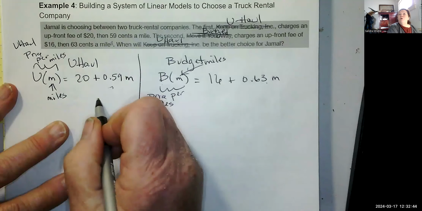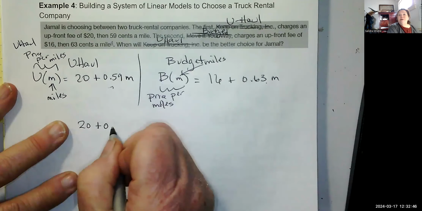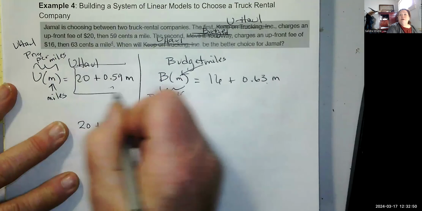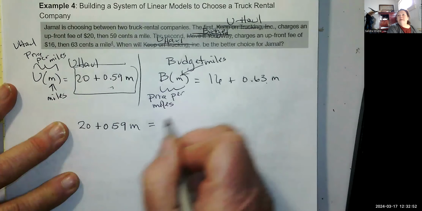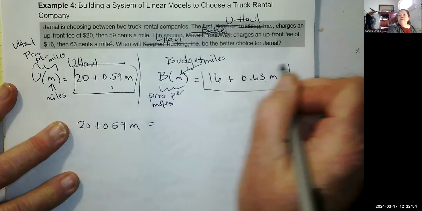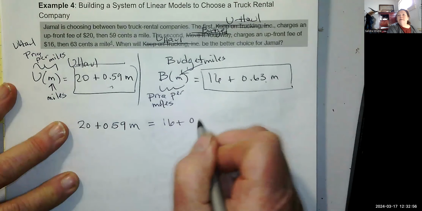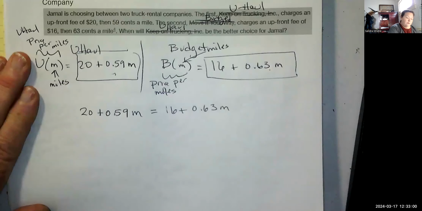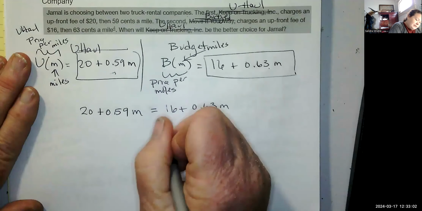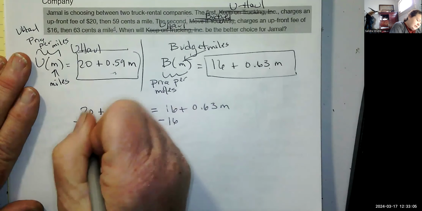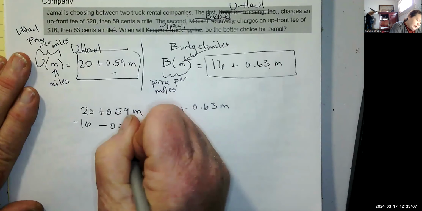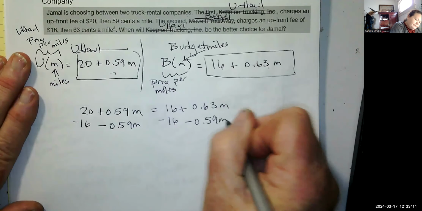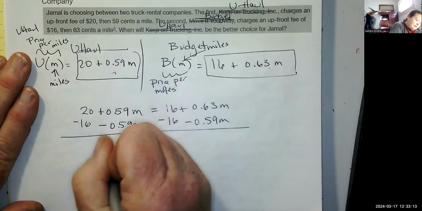And to find that out, we just set them equal to each other. I don't mean the whole thing. I mean just the linear function part is equal to this part as well. 16 plus 63m. And we're going to solve for m to find out where they're equal. I'm going to subtract 16 from both sides and subtract 0.59m from both sides. 20 minus 16 is 4.